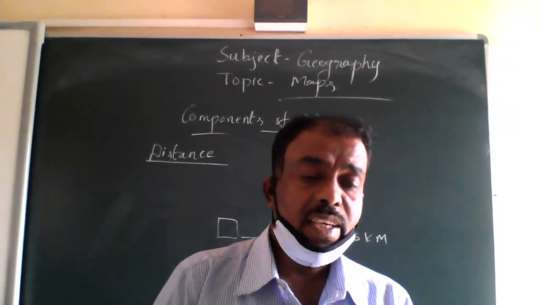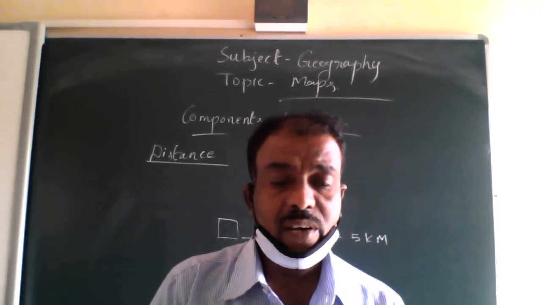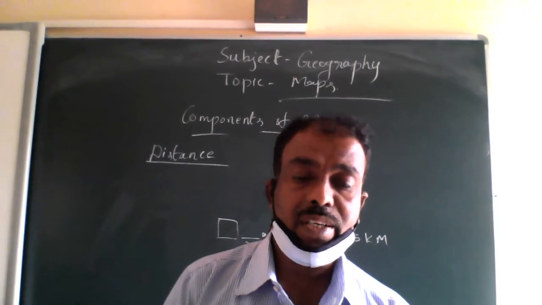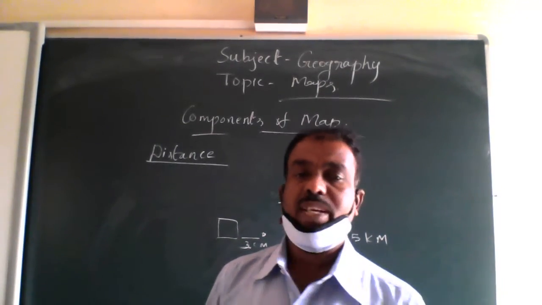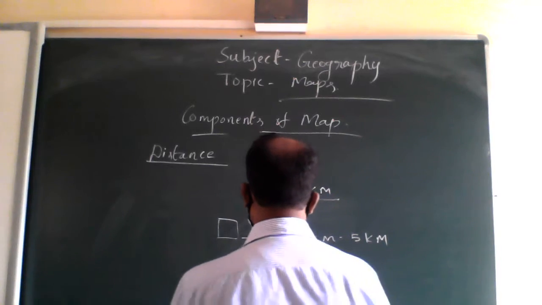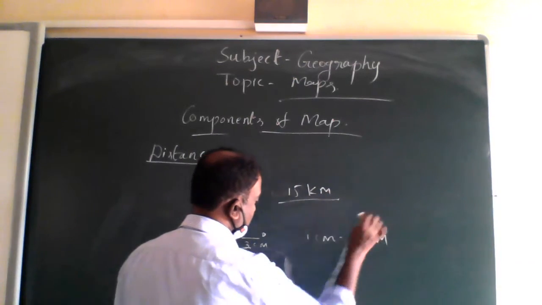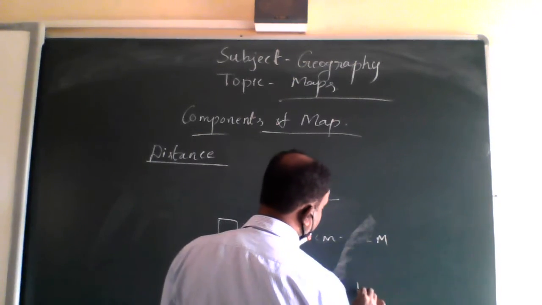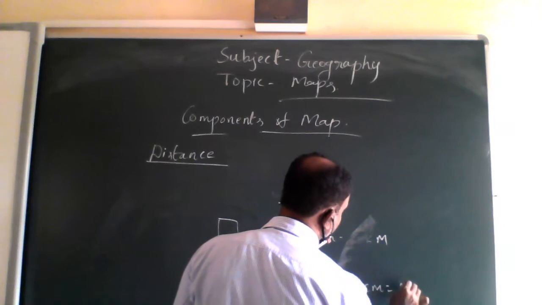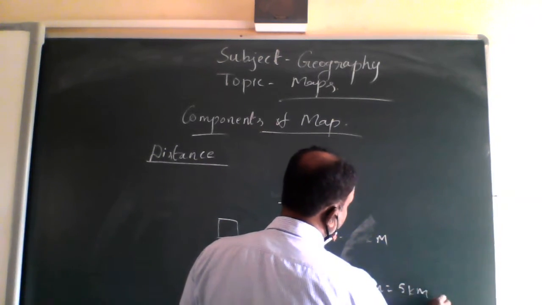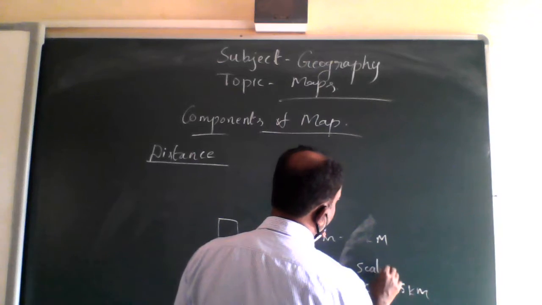Understood now? The scale of your drawing will be 1 centimeter is equal to 5 kilometers. You have to show this after the completion of the drawing of the map. You have to write here: 1 centimeter is equal to 5 kilometers. So this is what scale is.